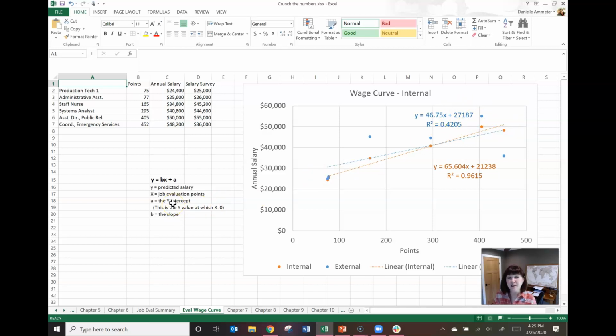What we're saying there is that this 27,000 would be the pay if we had 0 job evaluation points. That's where we're going to start, right here. You can see the blue line drawn out here. And $46.75 is what each job evaluation point is worth.